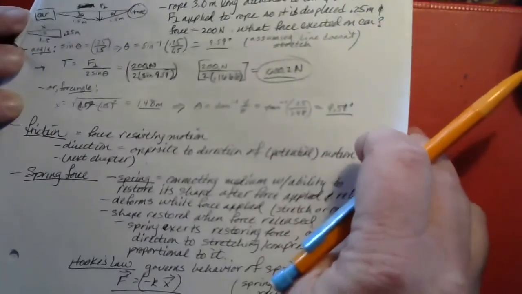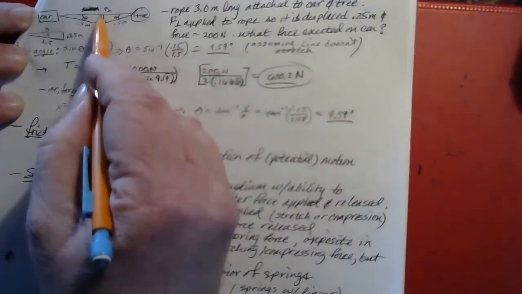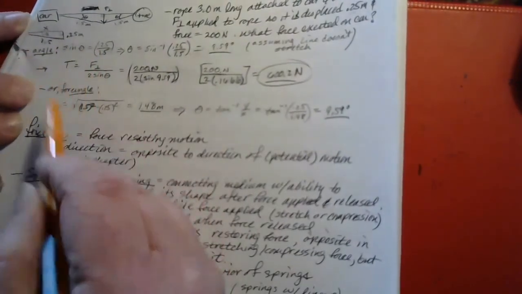So we can use the Pythagorean theorem because this is a right triangle. This is a perpendicular force, so that's a right angle there, and therefore this is a right angle. So we're doing that down here.